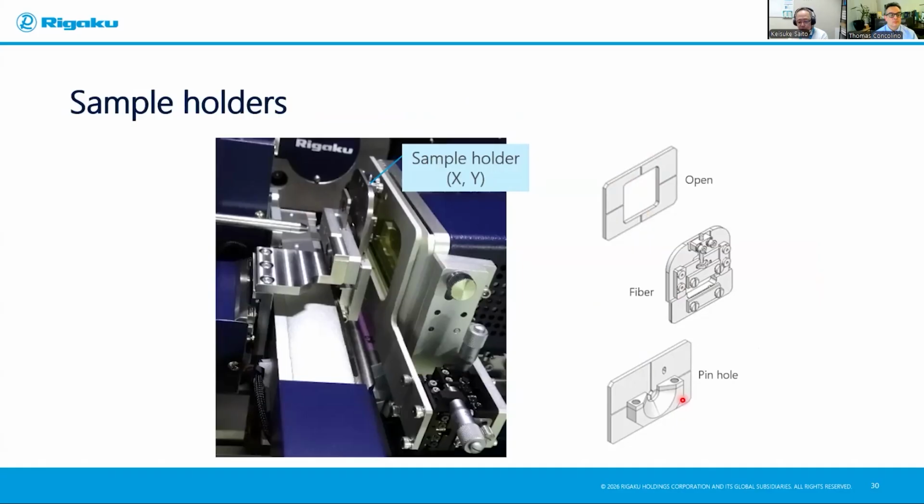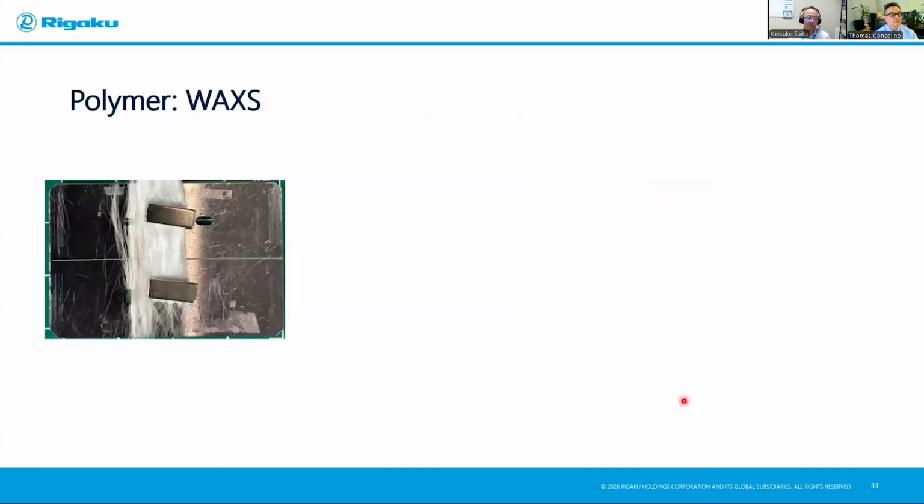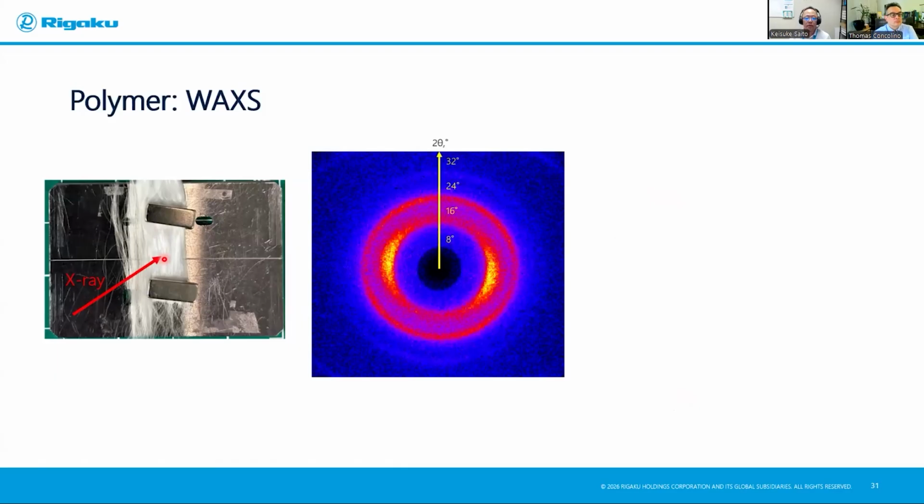You mount your sample to those sample holders. For example, this is polymer fibers. In this example, the small white fibers here are the polymer fibers, and the X-ray transmits through them. Then the scattered intensity was recorded two-dimensionally.